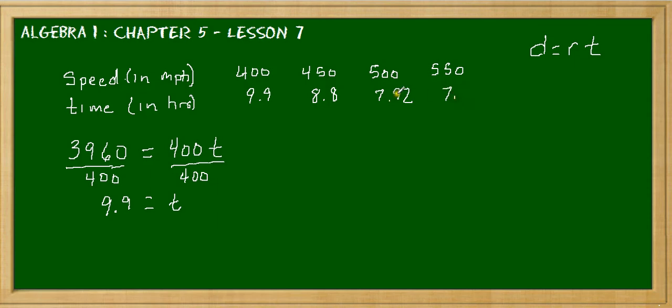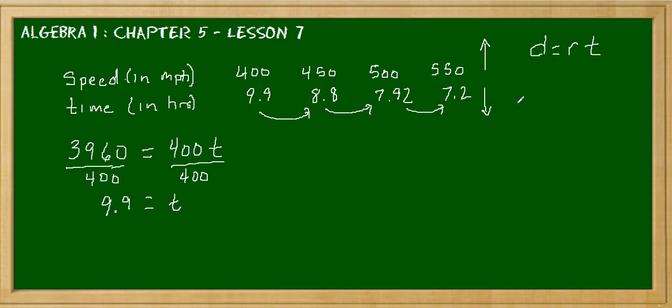Now, whether it's 7.92, you could put 7.9. We're noticing what's happening is that this is actually going down. As the speed increases, the time that it takes to travel this distance decreases. So as this is increasing, this is decreasing, what do we call that?